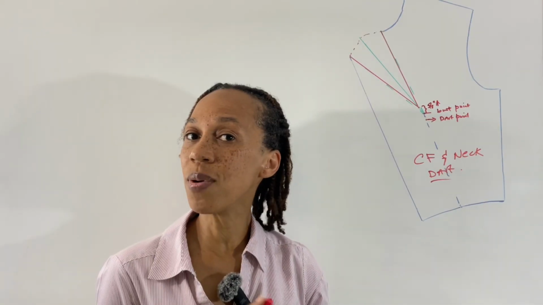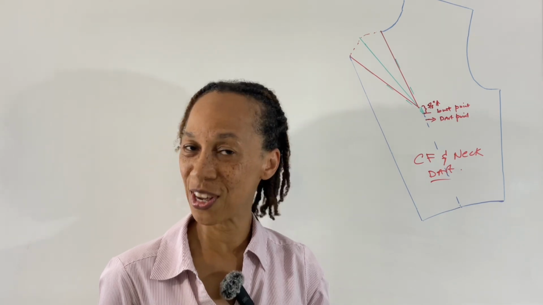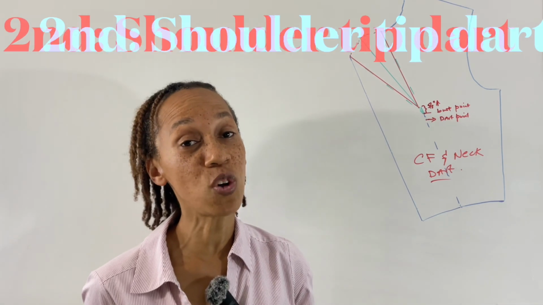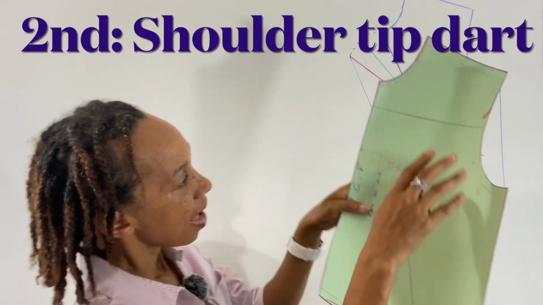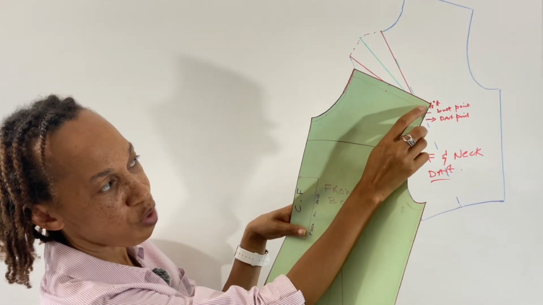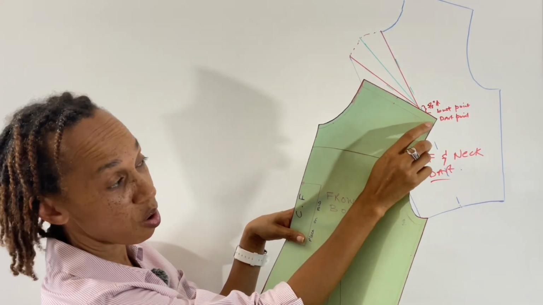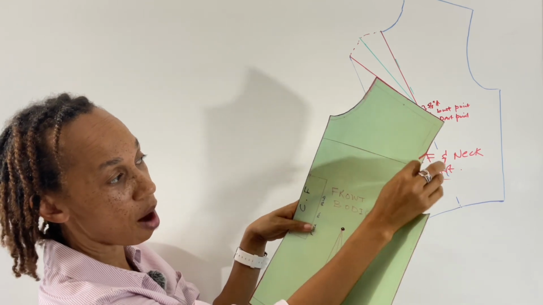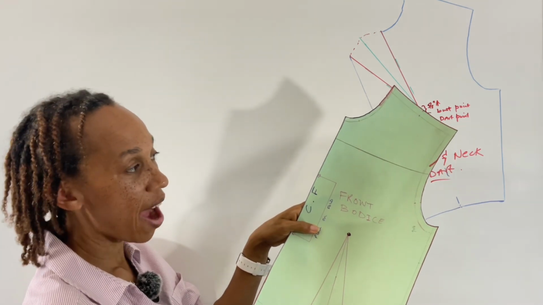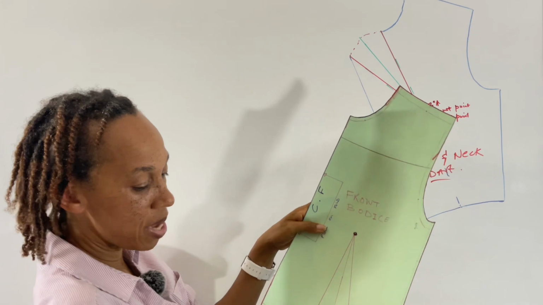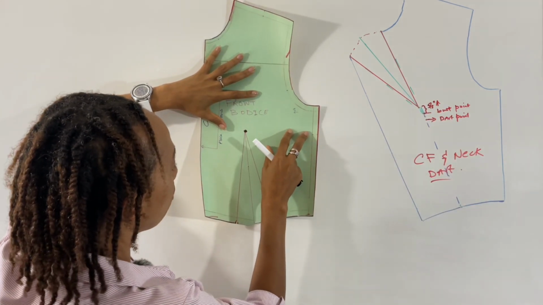So let's get into our second bust dart manipulation, which is going to be the shoulder tip. And the shoulder tip we're talking about right here at the tip of the shoulder, where the shoulder and the armhole meet. So right where the shoulder and the armhole meet, that's what we're going to focus on.